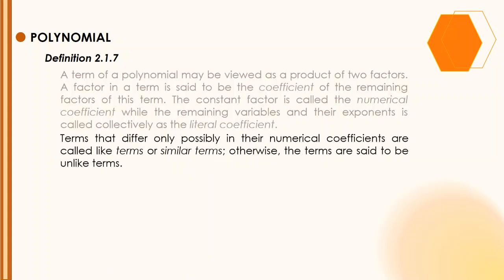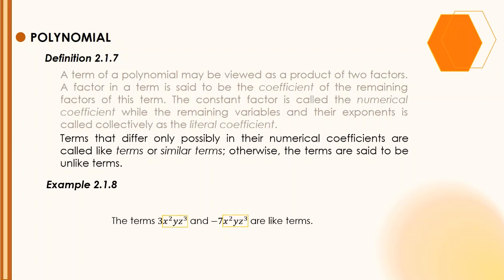Terms that differ only in their numerical coefficients are called like terms or similar terms. Otherwise, the terms are said to be unlike terms. For example, the terms 3x squared y z cubed and negative 7x squared y z cubed are like terms. Why?